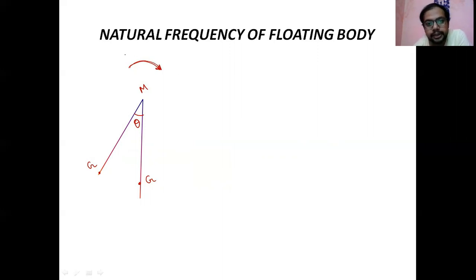As we give one theta in this direction, in the opposite direction inertia torque will act. What is that? Inertia torque. If you remember, similar to inertia force, mass into acceleration, inertia torque is the moment of inertia into angular acceleration. It will be in the opposite direction. Next, here the weight is at G, the weight W is acting.